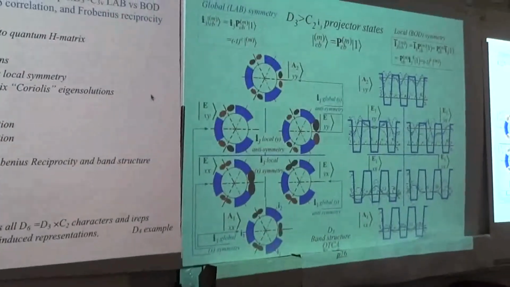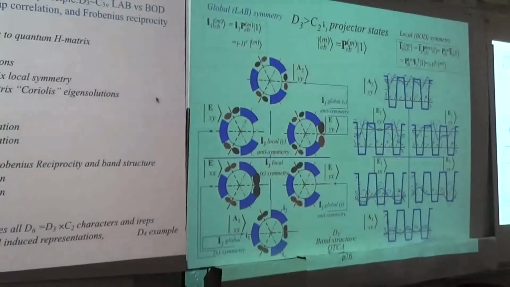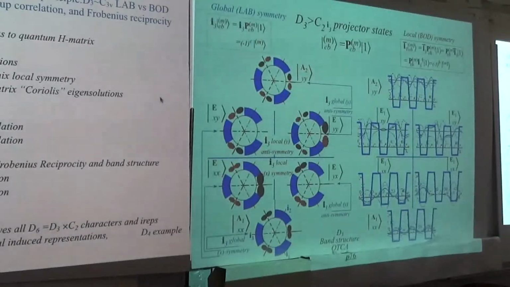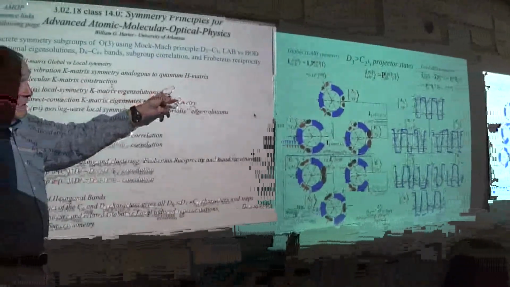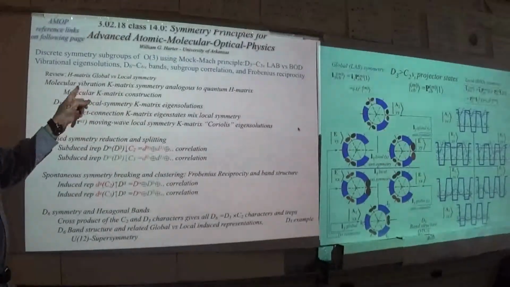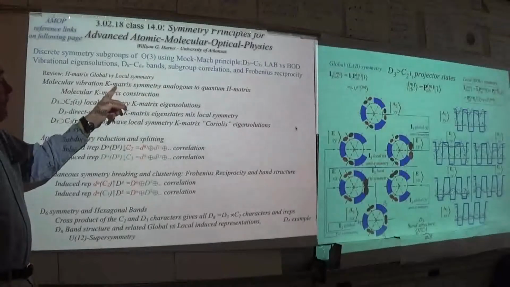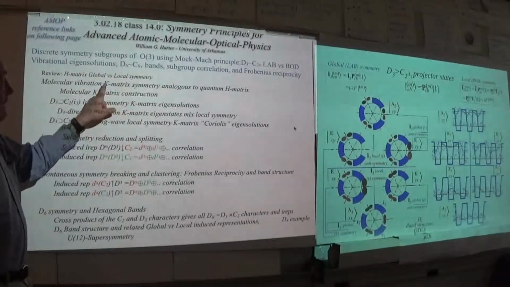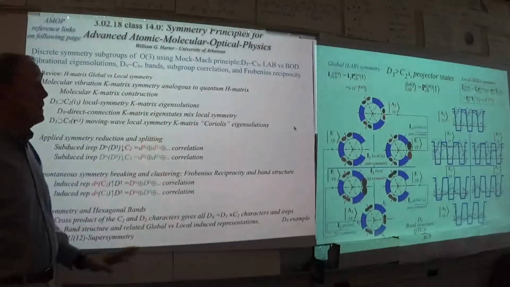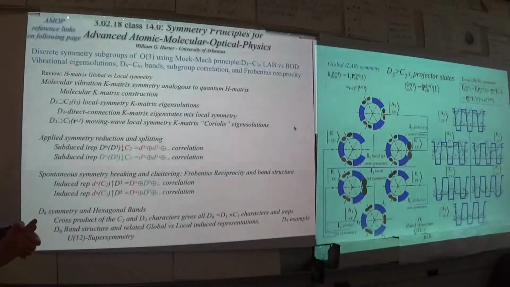And the picture of that is on the first slide to the right. Today, we're going to relook at that, which was obtained by a quantum H matrix, as an analog to what you would get if you had simply a vibrating triatomic molecule that had a K matrix. So this is classical physics, that's quantum physics, but we're using the same sort of symmetry algebra and notation for both of them.